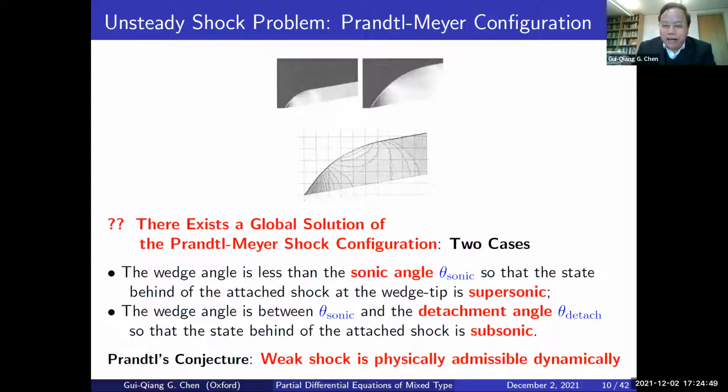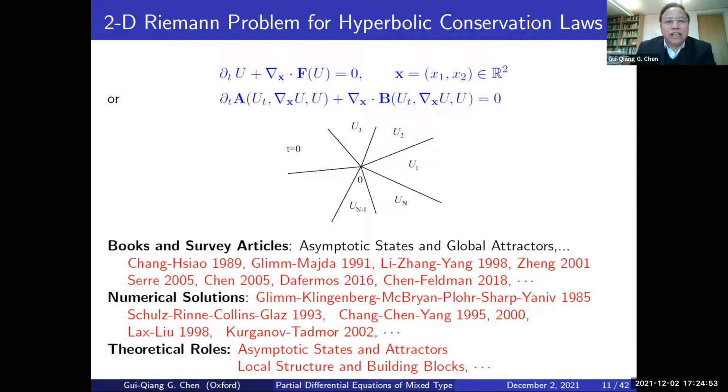Well, there's one much deeper underlying reason. If we think about the two-dimensional hyperbolic conservation law, we first try to understand the two-dimensional Riemann problems. Riemann problem means that in the XY plane the initial data only depends on the angle.